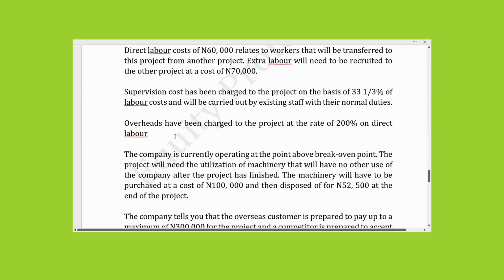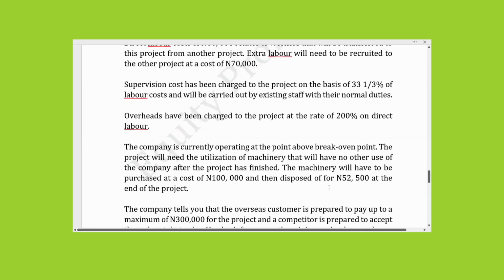Overhead has been charged to the project at the rate of 200% on direct labor. The company is currently operating above break-even point. The project will need machinery that will have no other use to the company after the project has finished. The machinery will have to be purchased at a cost of 100,000 naira and then disposed of for 52,500 at the end of the project.